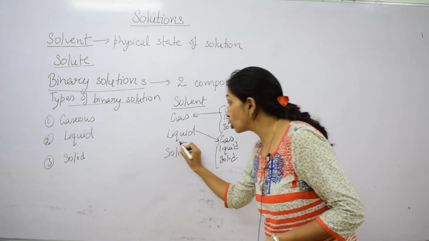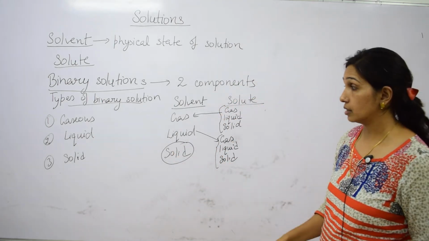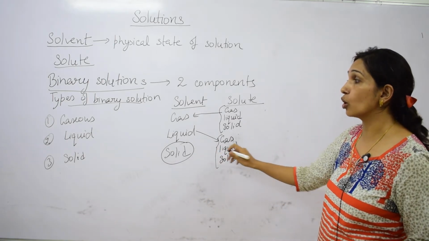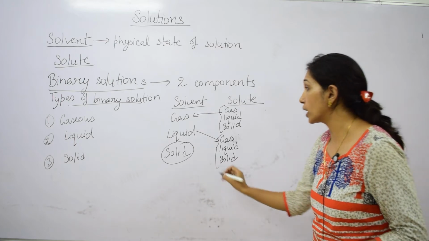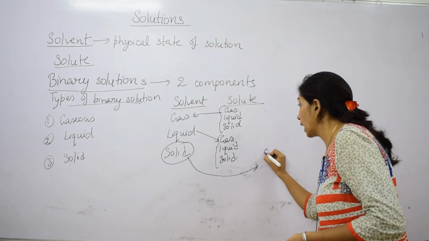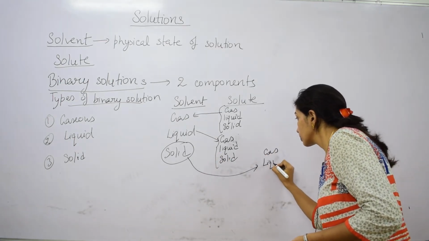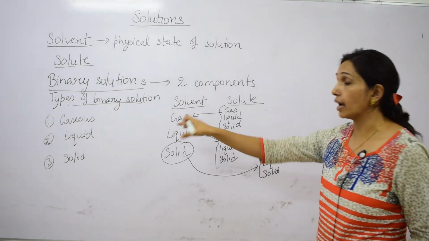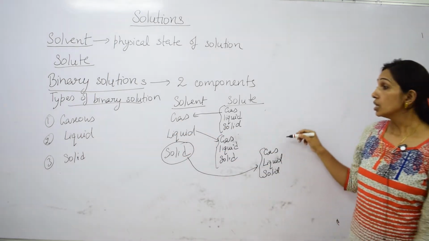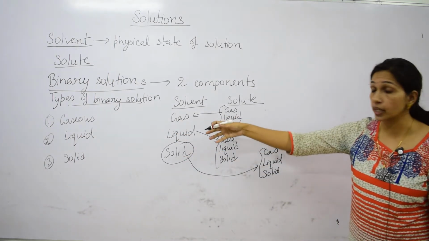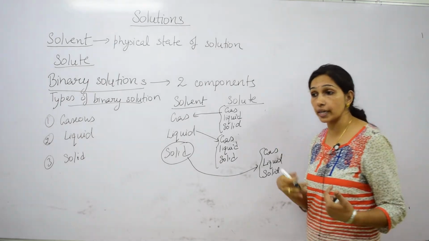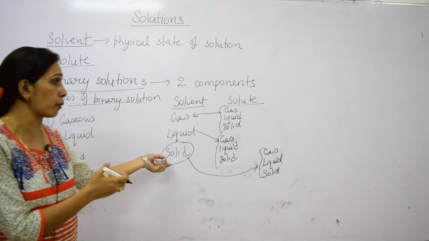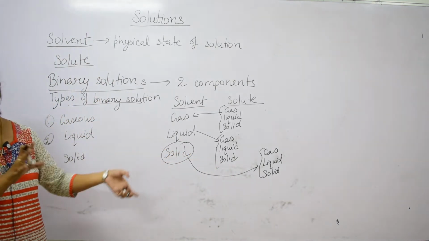And in case of a solid solvent, the physical state will be solid, and again we can dissolve gas, liquid or solid into a solid solvent. Like we are dissolving copper into gold, a solid dissolved into a solid.